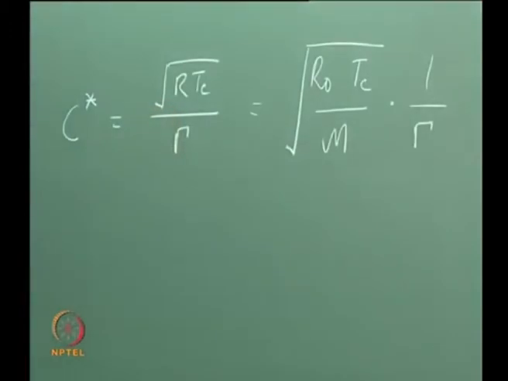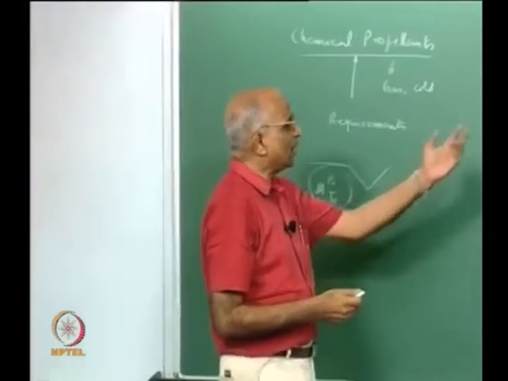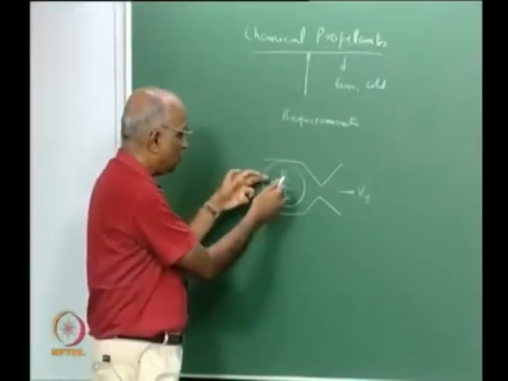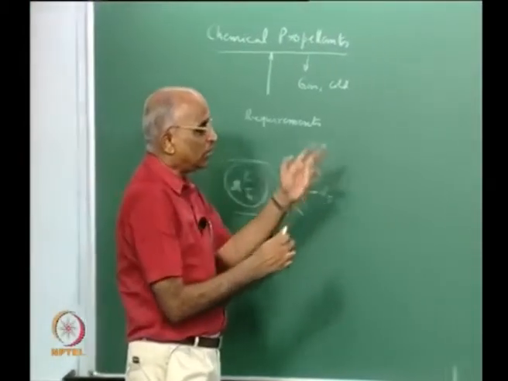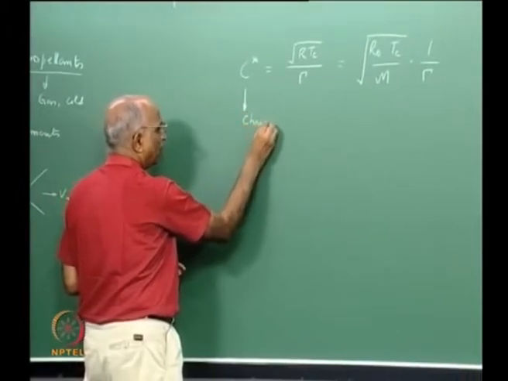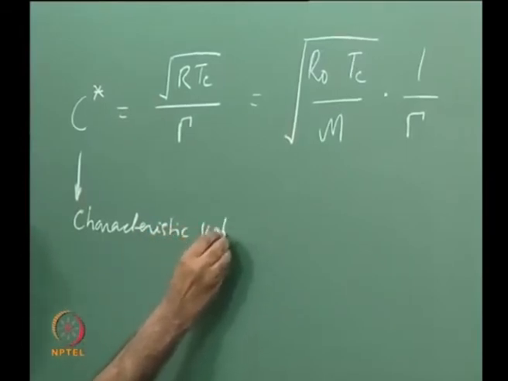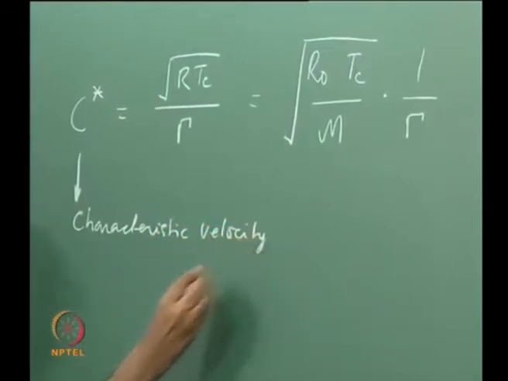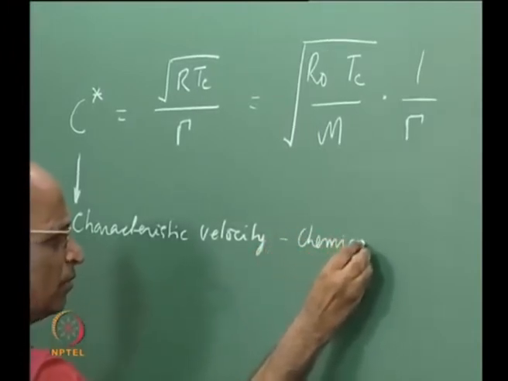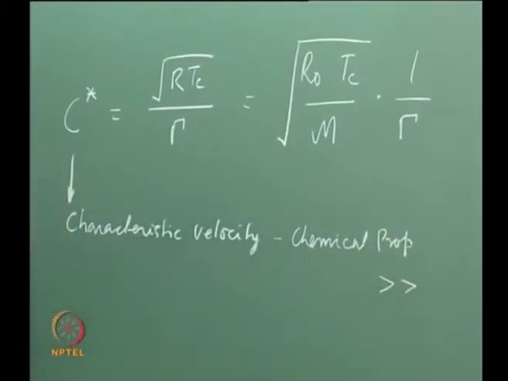Therefore, this should tell us what we really require in a propellant to do. What we require is this transfer function, which tells the capacity of this particular chamber to generate high pressure gases, must be high, or rather this characteristic velocity, which was a transfer function of the propellant, of the chemical propellant, any propellant, must be large, right.